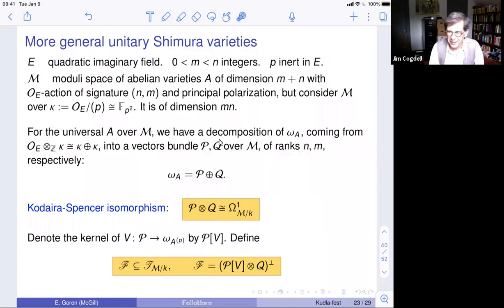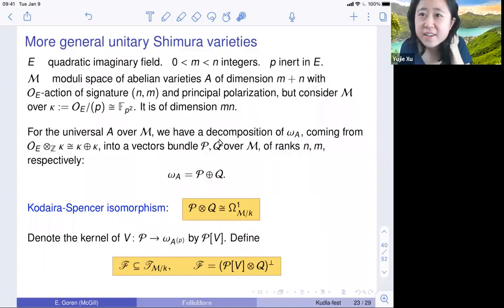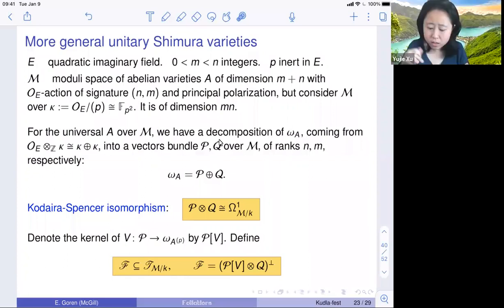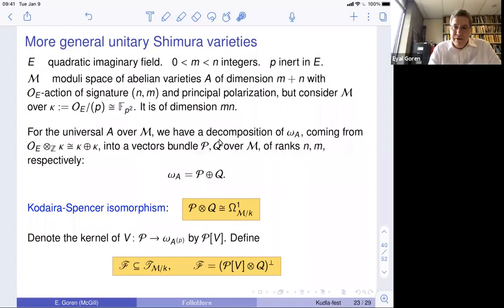Can you say why m equals n does not have foliation? Yes. When m is equal to n, actually the general abelian variety is ordinary. So the only thing you'd get by that is something trivial.